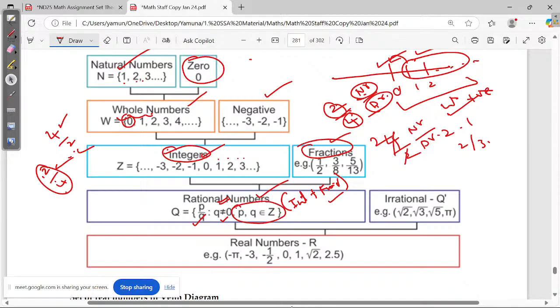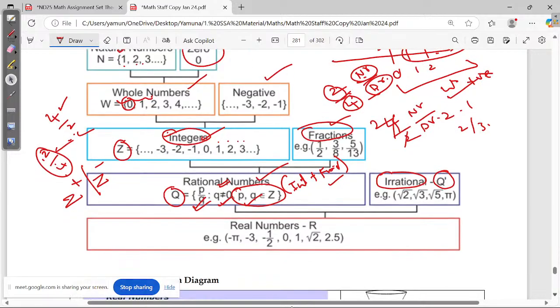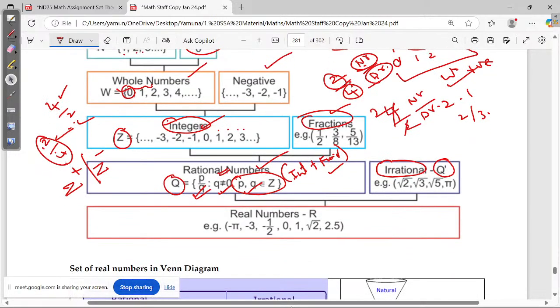Z is what you call integers: Z plus positive integers, Z minus negative integers. Apart from these three conditions, if you find any other number, we call this an irrational number. Rational numbers are presented as Q, irrational numbers as Q dash. Rational and irrational put together are what you call real numbers.